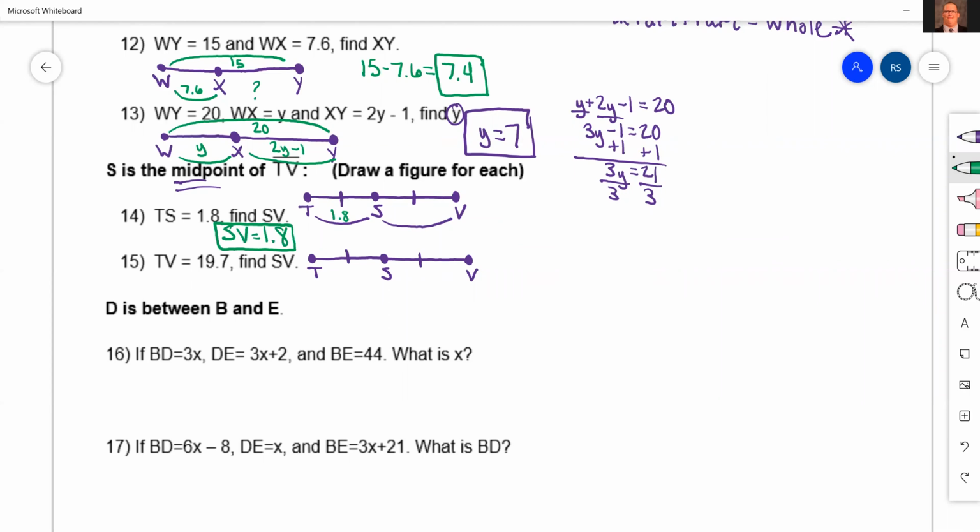It says TV, so the whole thing is 19.7. What is SV? Well, what do we know? We know that S divides it in half.